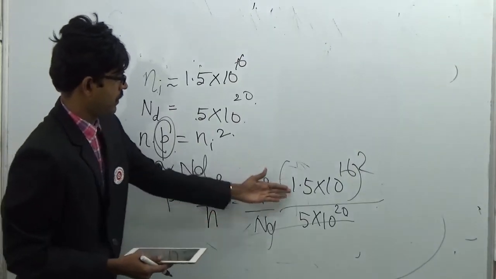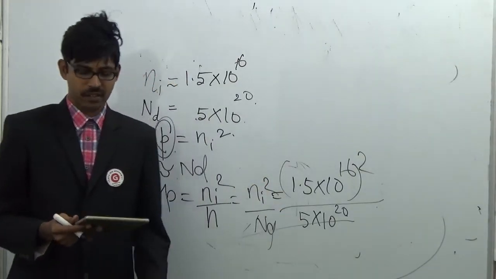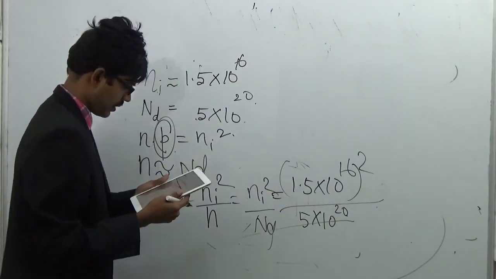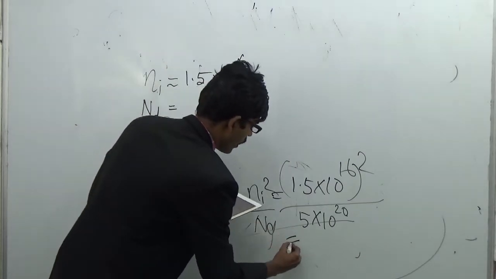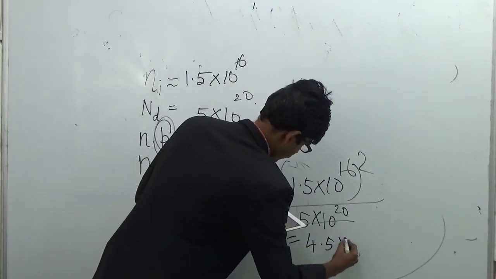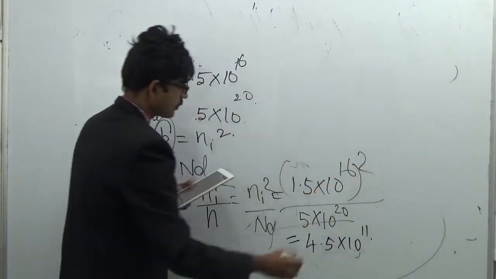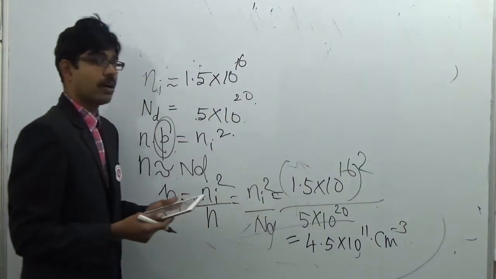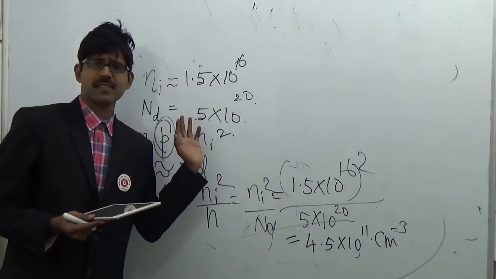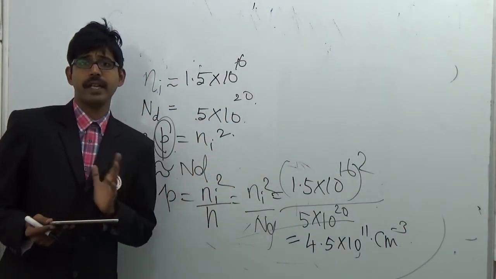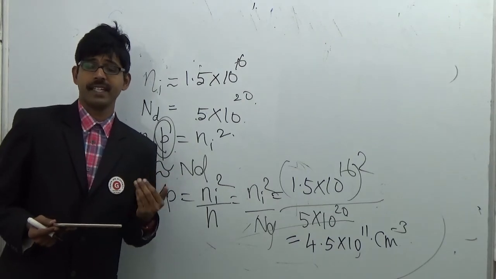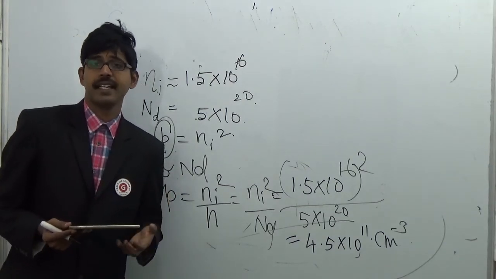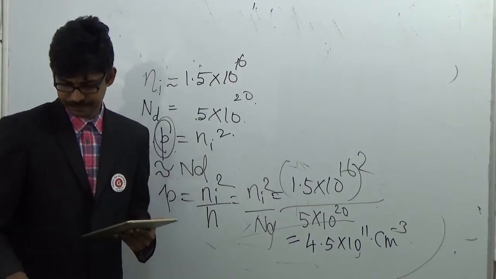So the ratio between these two values would give you 4.5 into 10 to the power 11. Obviously per centimeter cubic. Okay, so this formula is a very, very important formula you need to remember for finding the electron and hole concentration in a given semiconductor.